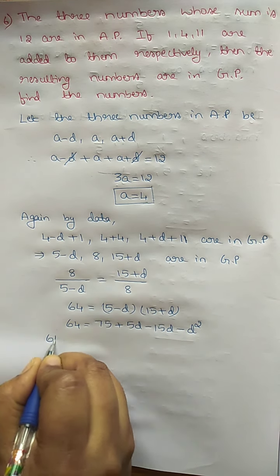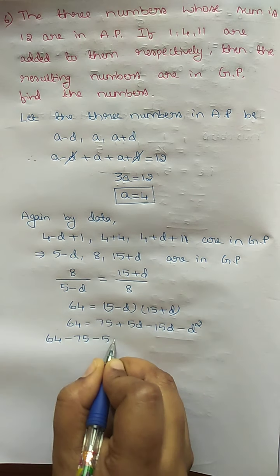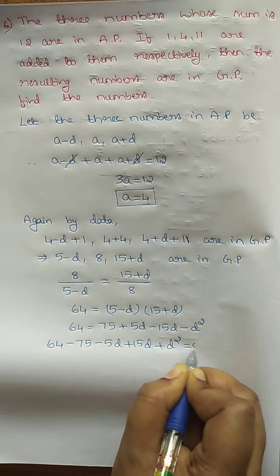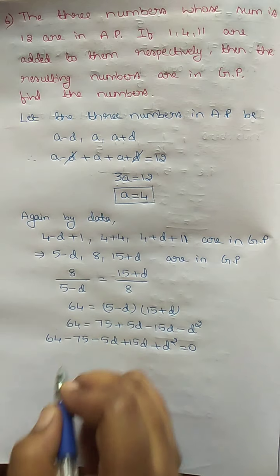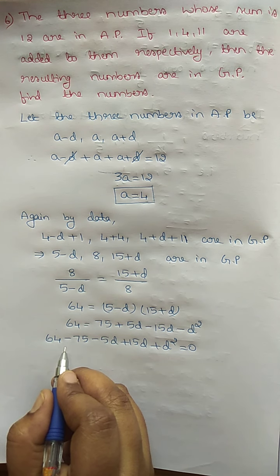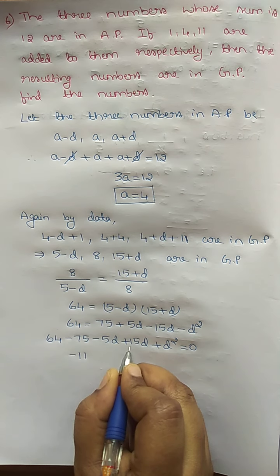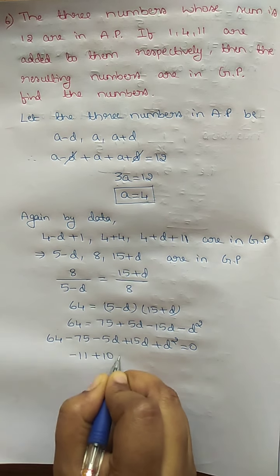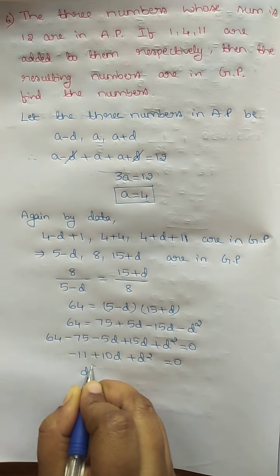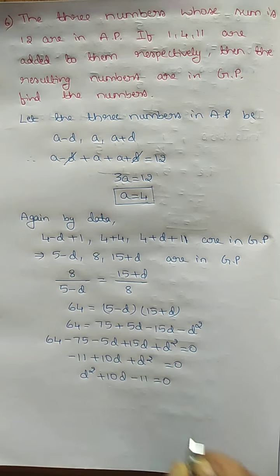Now, 64 minus 75 minus 5d plus 15d plus d square equals 0. Shift all these terms to LHS. 64 minus 75, that is minus 11, minus 5d plus 15d, that is 10d, plus d square equals 0. Therefore, d square plus 10d minus 11 equals 0.